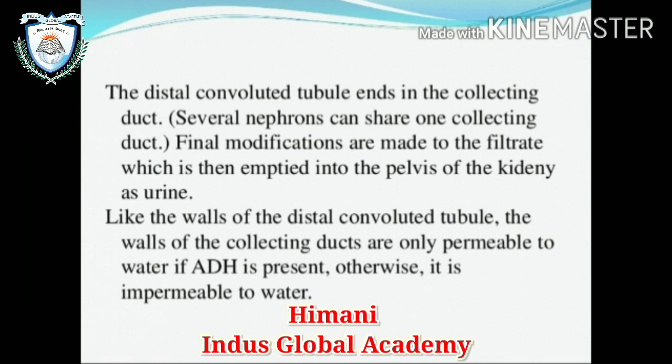Final modifications are made in the filtrate, which is then emptied into the pelvis of the kidney as urine. Like the wall of the DCT, the wall of the collecting duct is only permeable to water if ADH is present. Otherwise, it is impermeable to water. ADH is the antidiuretic hormone.